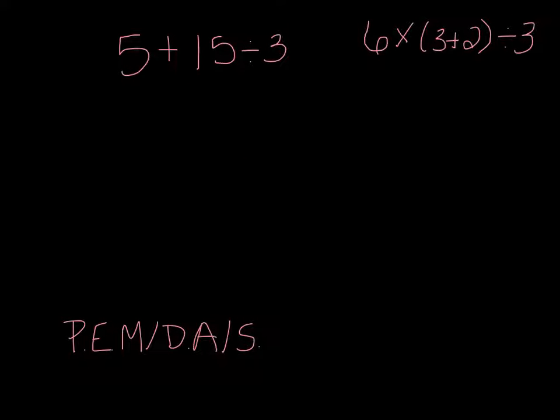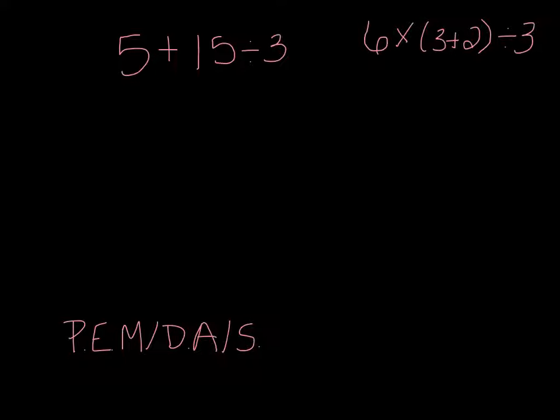So let's look at these two expressions here. The first one contains no parentheses, and the one on the right does contain a set of parentheses. All we have to do is apply our order of operations, and we can simplify these expressions. So we go across to the expression on the left, and we look through, and we see that our order of operations would tell us that I need to divide first before I add.